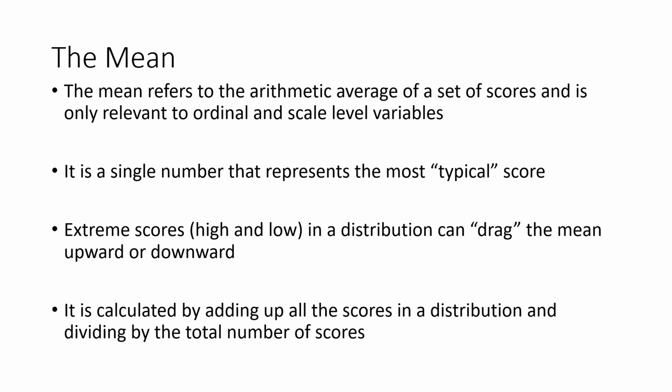So the average score will be extremely high, not because of the 9 normal wage earners, but because of the pressure exerted by the extreme score. So extreme scores, both high and low in a distribution, can drag the mean either upwards or downwards. So as I said, if you want to calculate the mean, you simply add up all the scores in a distribution and you divide by the total number of scores.